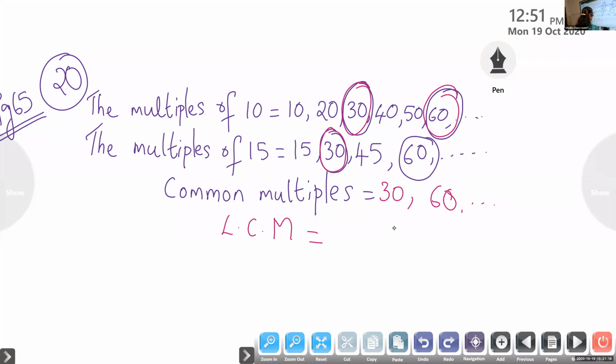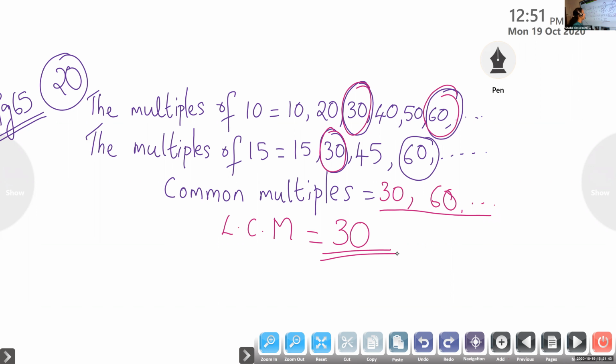Okay. So from here, I have written the common multiples. From here, which is the smallest number? Yes, Adil, please unmute and speak. Tell me which is the smallest number from here? LCM. 30. Very good.